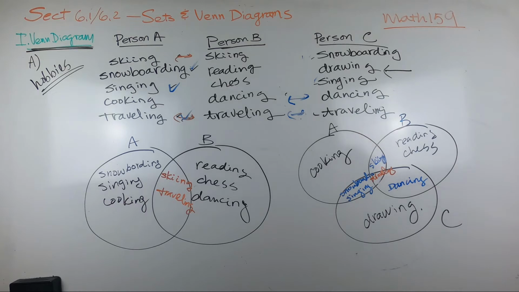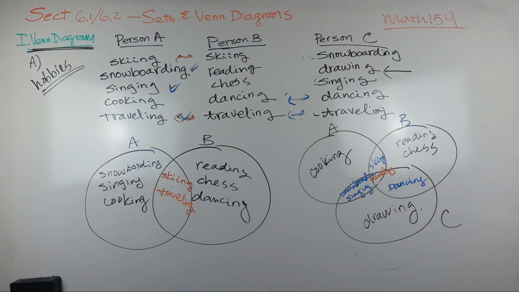Got the idea? That's how we visualize using the Venn diagram. Okay, then if we deal with numbers, or other things, probabilities later, you can use this to help you to see it, right?